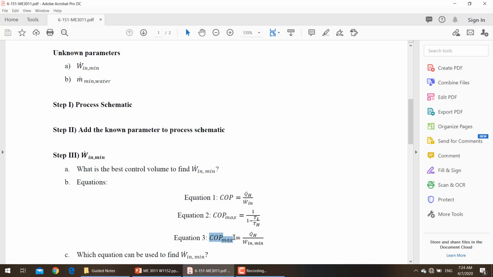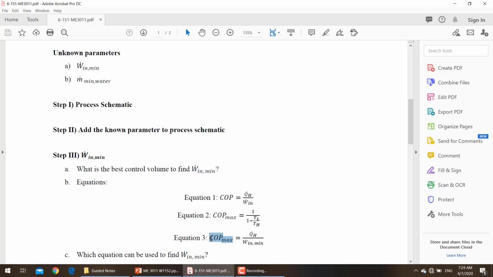Okay, guys. So, yeah, to find the W dot in min, you need to use the third equation, correct? Because we have the W dot in min in this equation. But in this equation, Q dot H is known. So what you need to do, you need to find the COP max for the reversible process. This is unknown.